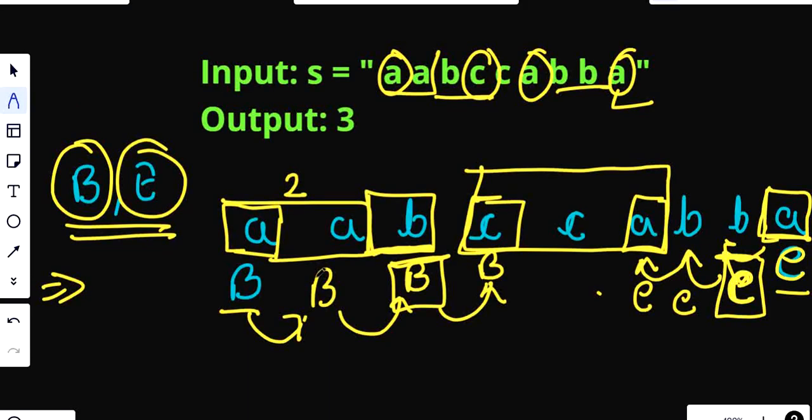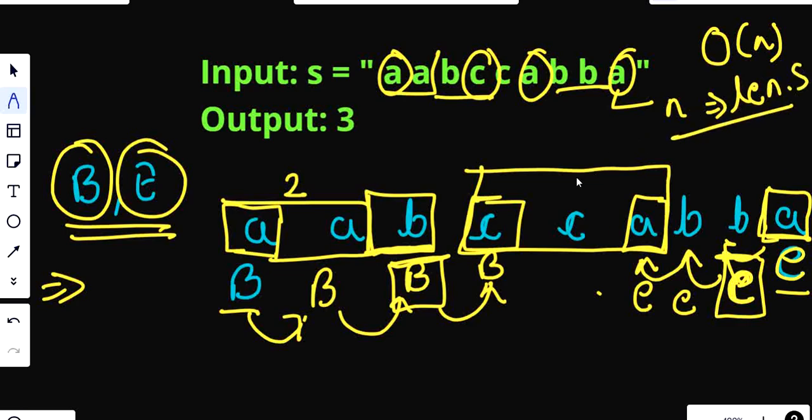Now let's quickly discuss the time complexity. Even though we are using 3 while loops in this solution, our time complexity is going to be big O of n, where n is the length of our string. Why? Because even though we are using 3 loops, we are handling these characters at most once.